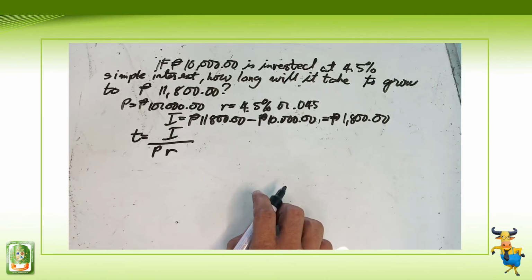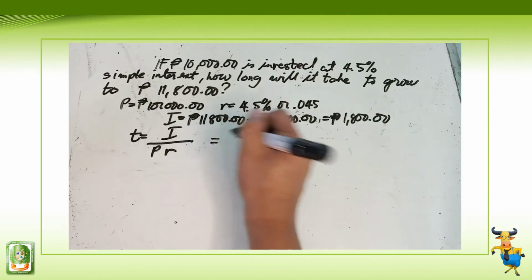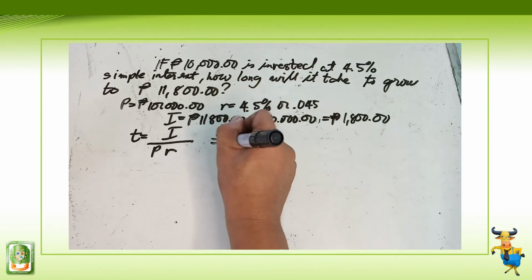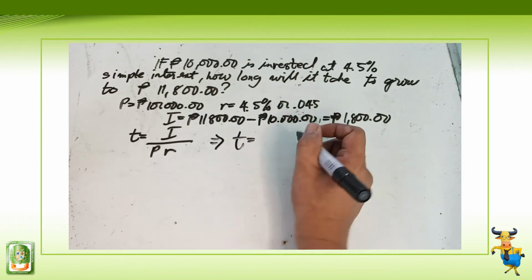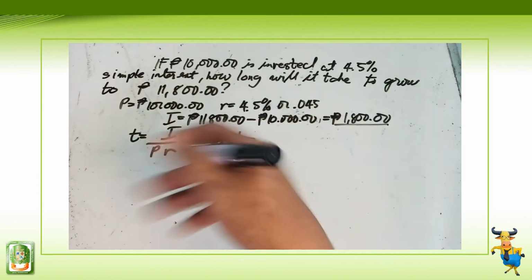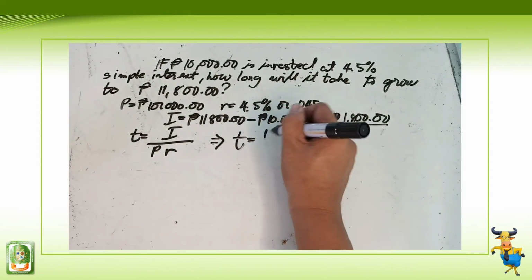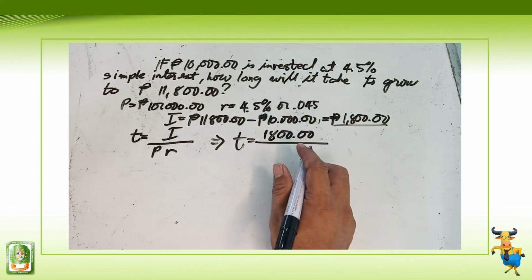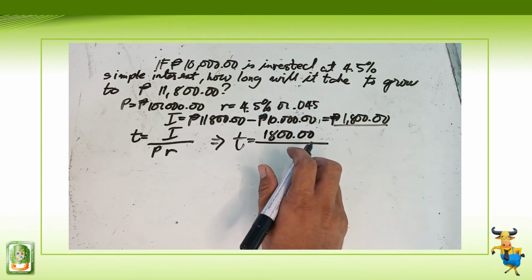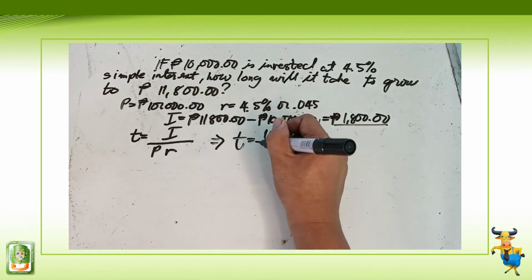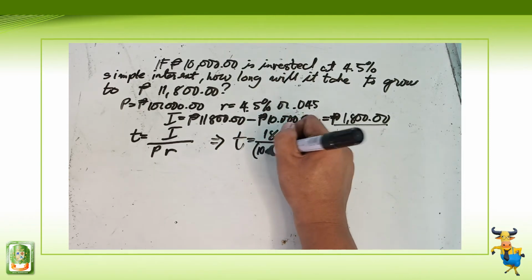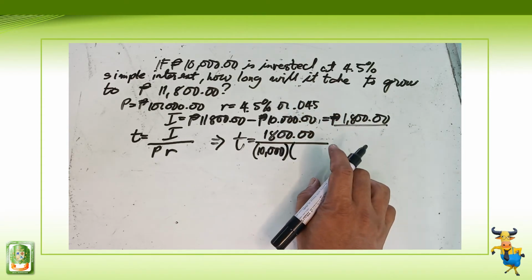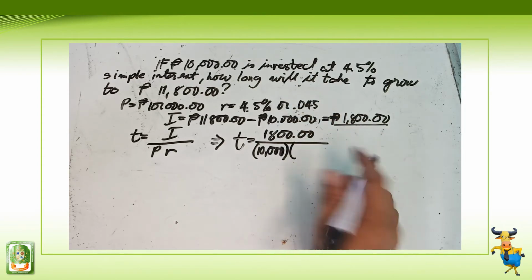Okay po ba? Okay. So time is equal to the original interest na nakuha natin. So 1,800 pesos divided by ilan yung pinaka-original natin na principal? 10,000 times ilang percent? Ilan ang rate natin ng interest?